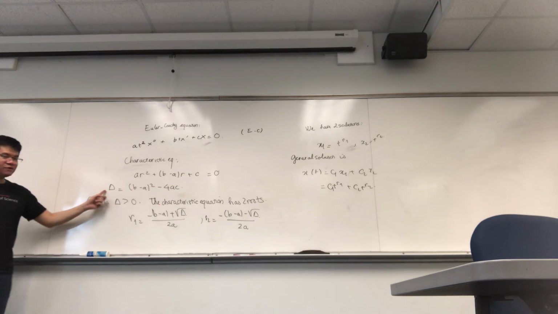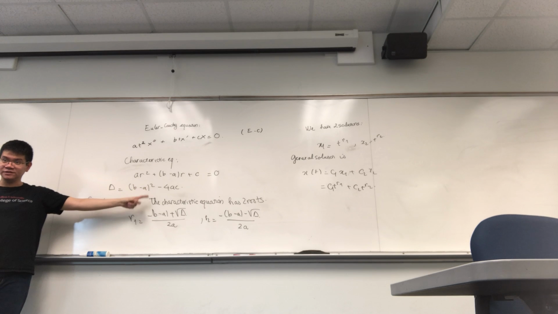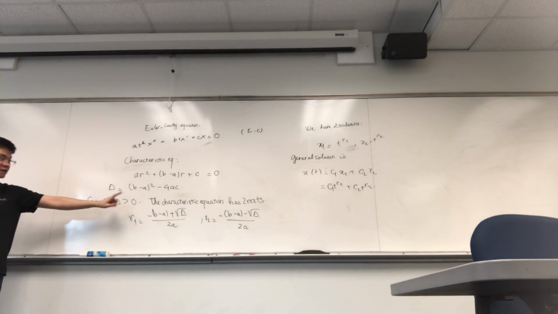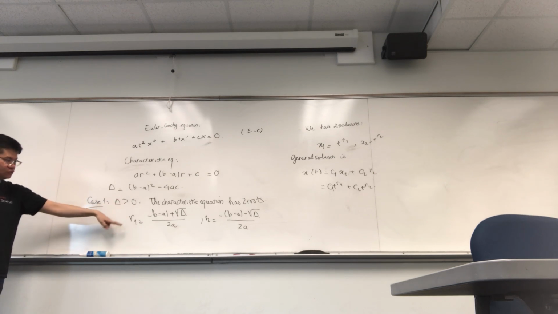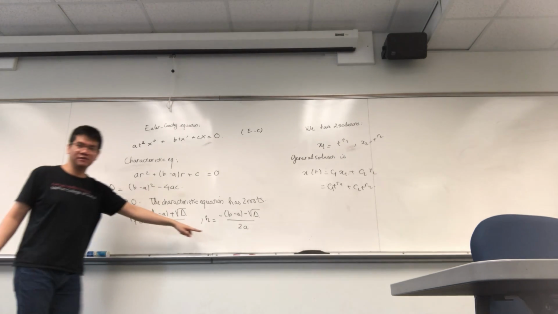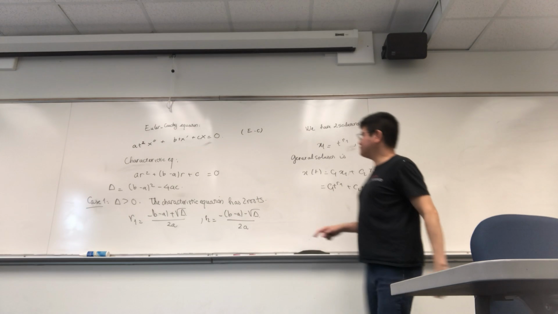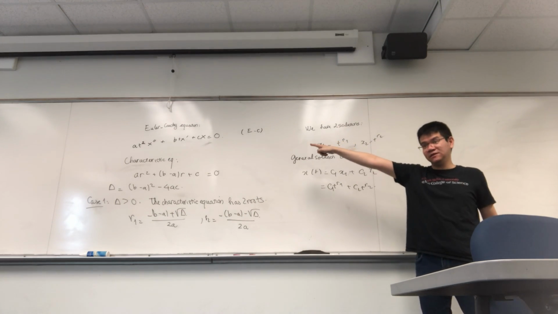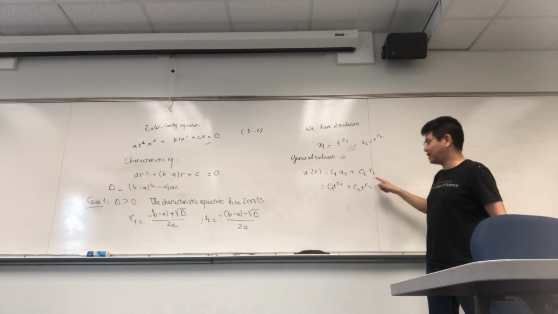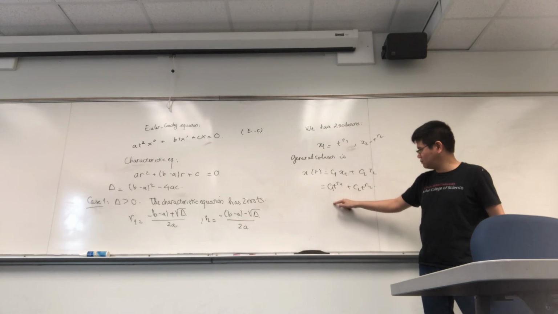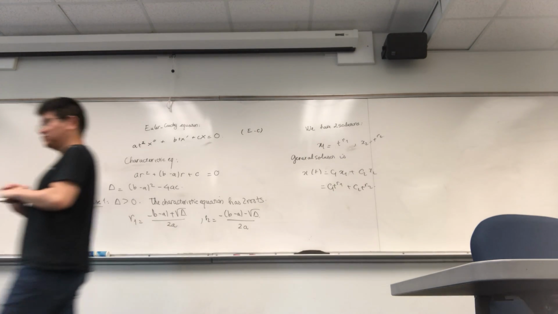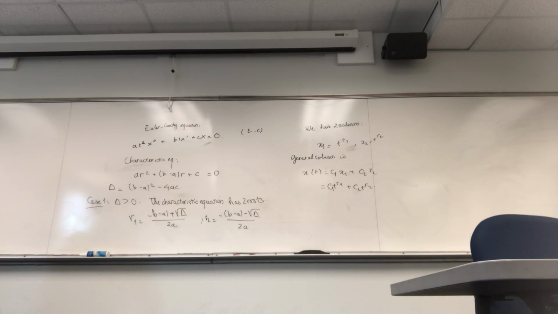So the delta will be (b minus a) squared minus 4ac. There are three cases. The first case, delta is positive. The characteristic equation has two roots, so you have two solutions, t to r1 and t to r2. Because this is a linear equation, you can linearly combine them to get a general solution: c1 t to r1 plus c2 t to r2. Questions? It's good.